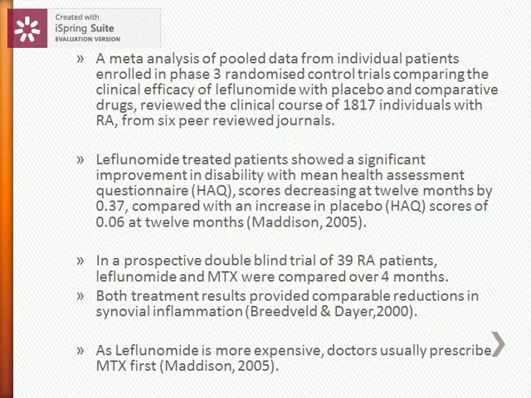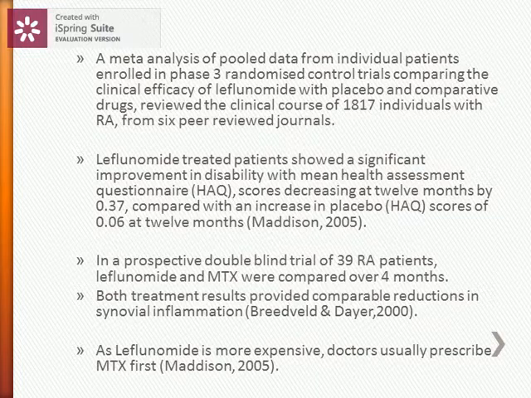Leflunomide-treated patients showed a significant improvement in disability, with mean Health Assessment Questionnaire scores decreasing at 12 months by 0.37, compared with an increase in placebo Health Assessment Questionnaire scores of 0.06 at 12 months.